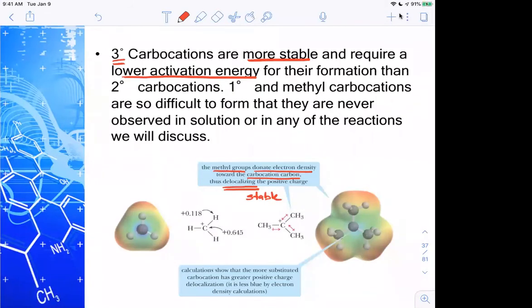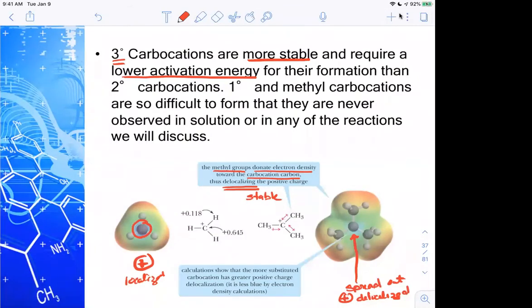If you look at this electrostatic potential map, this center of blue is where I have a really high positive charge. That carbon is very positive and it's localized. Notice in this one, that blue is spread out. It's not as intense right around that carbon, so that positive charge here is delocalized. And it's delocalized because these other carbon atoms are electron donating.